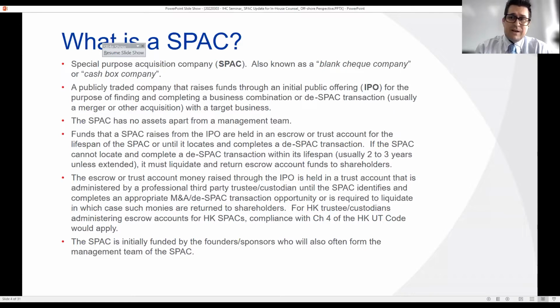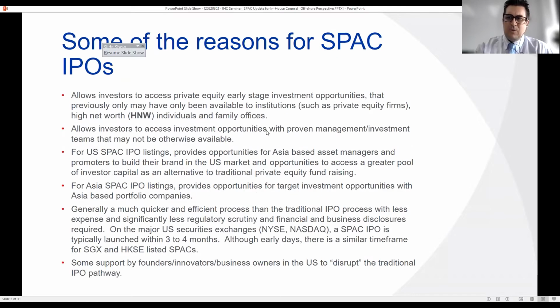The UAE recently amended its governance code to allow SPACs to be listed, and other jurisdictions are following suit. But just for the purposes of today's presentation, we're keeping a fairly narrow focus, which will be US, Hong Kong, and Singapore. So why do people choose to pursue a SPAC?